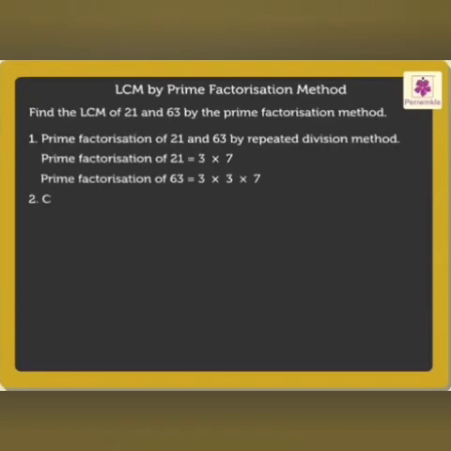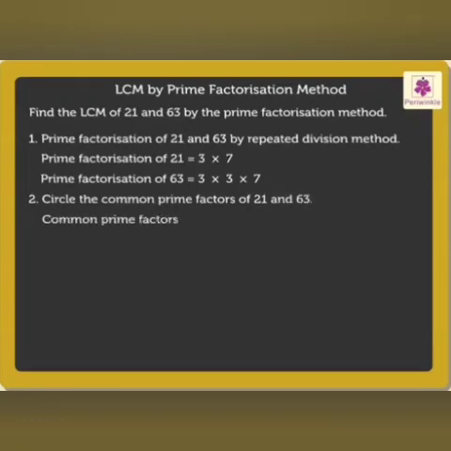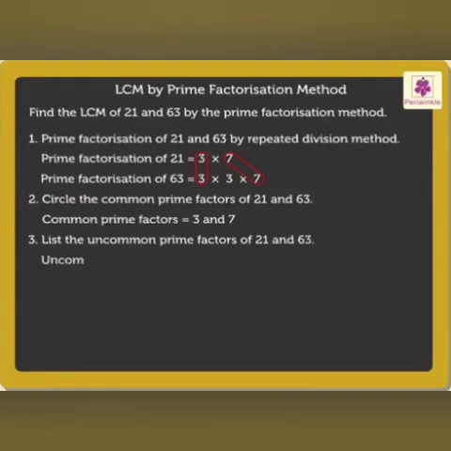Now, let us circle the common prime factors of 21 and 63. Here, the common prime factors are 3 and 7. Now, list the uncommon prime factors of 21 and 63. The uncommon prime factor is 3.